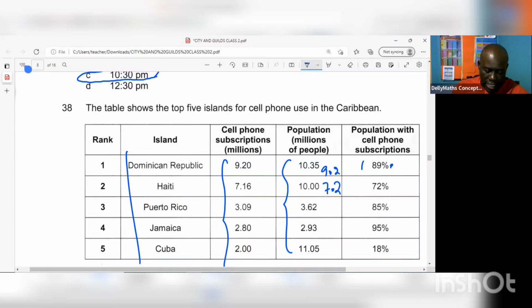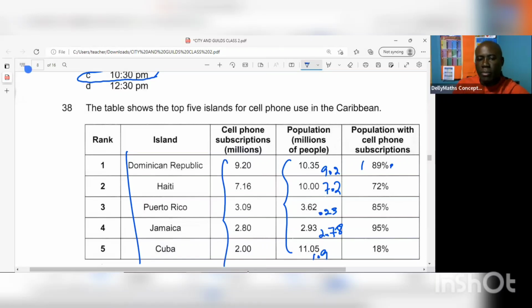85% of 3.62. That's a very small number, that's like 0.2 something. And we're talking about 95% of 2.93, and we're getting some 2 point something here, and then 18% of 11, and that's basically about 1.9.